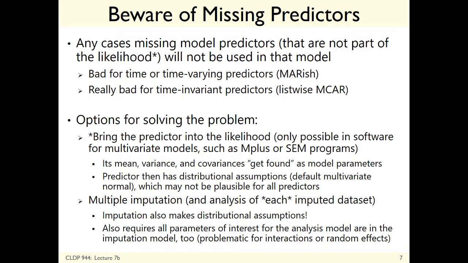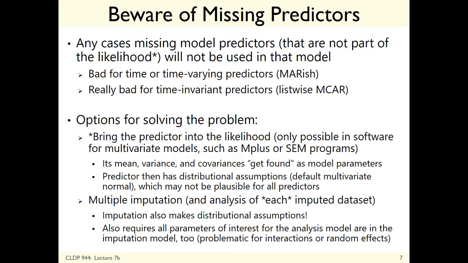Programs like Mplus, as is the default, and I think a lot of other SEM packages, require predictors or outcomes that have missing data to be treated as outcomes in order for those cases to not get deleted. What that means is that rather than just saying, I'm trying to predict Y, and how X is distributed is inconsequential, I'm now trying to predict what X is and Y is.